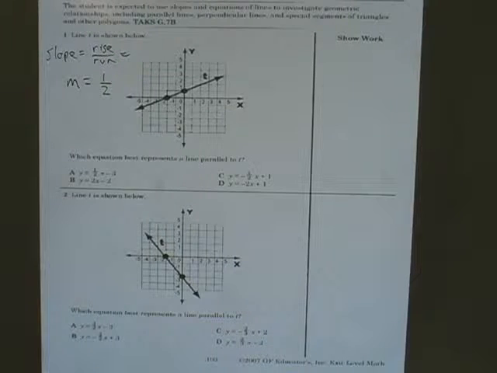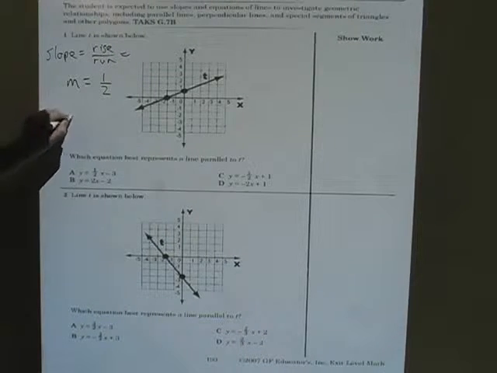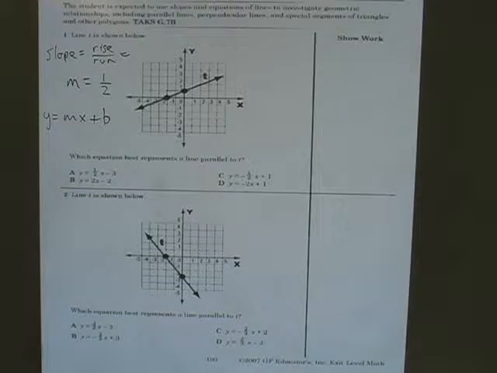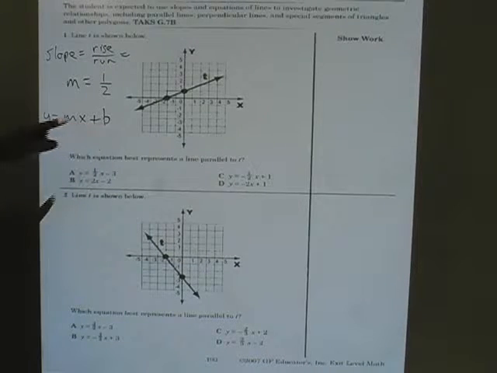Now remember, in our slope-intercept form of an equation, and this is on your formula chart for TAGS, y equals mx plus b. That's a very useful formula to remember, because if you have a line in this form, it's easy to see the slope, m, is right here.